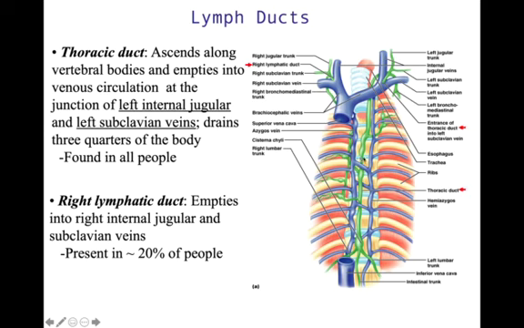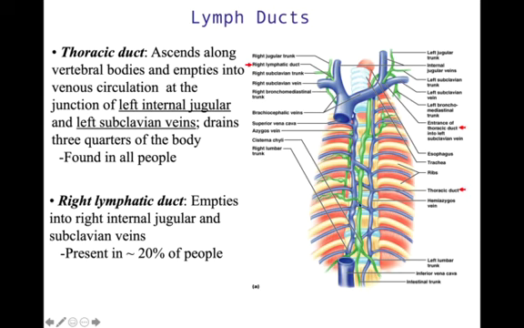So your thoracic duct ascends along the vertebral bodies of your thoracic vertebra. So we're going to go up, up, up, up, and then we're going to start going towards the left here. Right here, what I've traced from where all these three trunks have merged, here's the beginning of your thoracic duct.